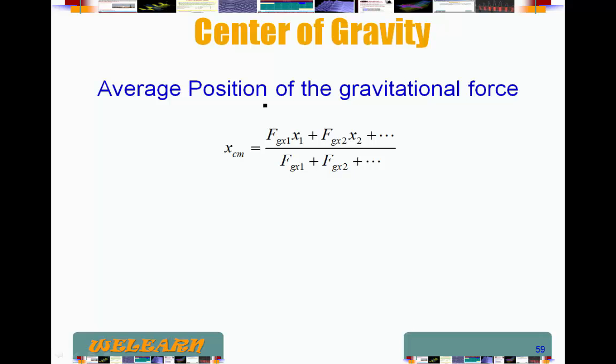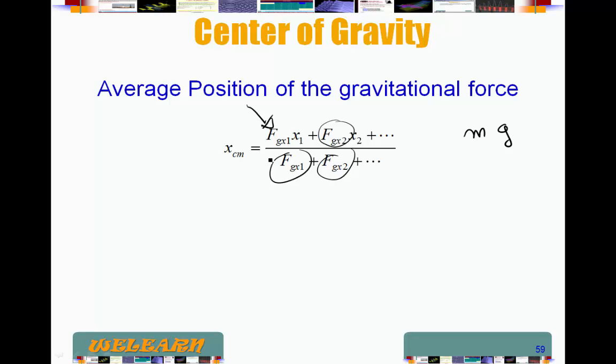But if you notice what we mean by center of gravity, look at the force. We are writing Fg at position x1, and then Fg at position x2, and so on. Fg, if you recall, is m times small g, when we are at the surface of the Earth. So if we have m times g for each one of these Fg's, the g's will cancel out.